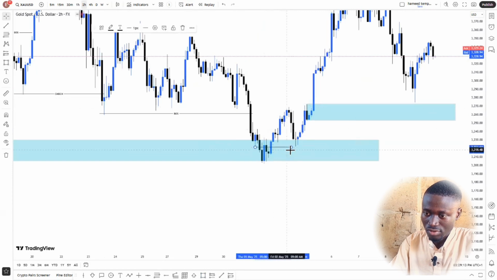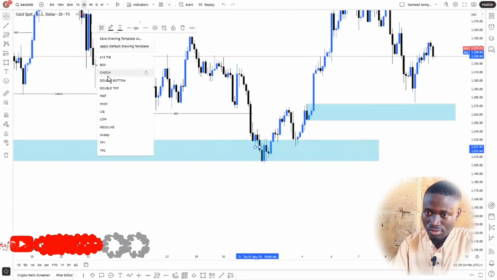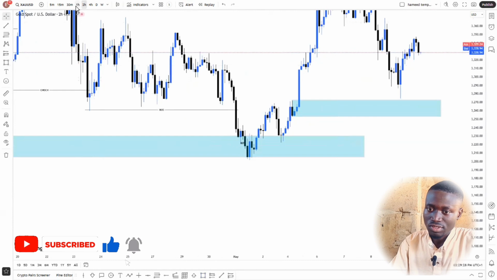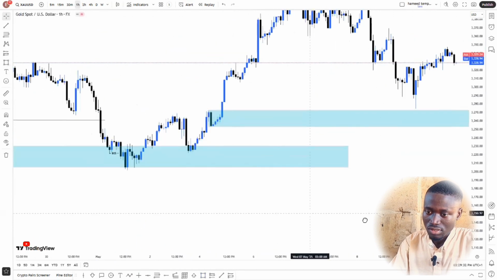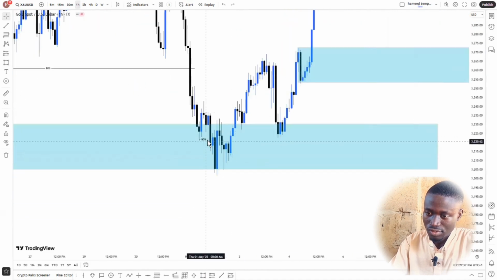This is a break of structure here. Moving down to 1 hour so we can see it very well, this is a break of structure here.